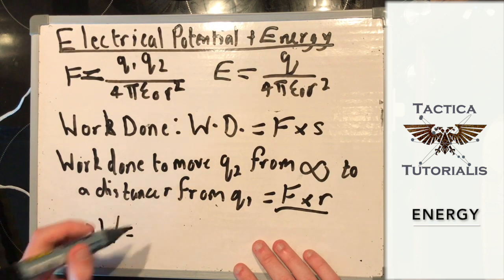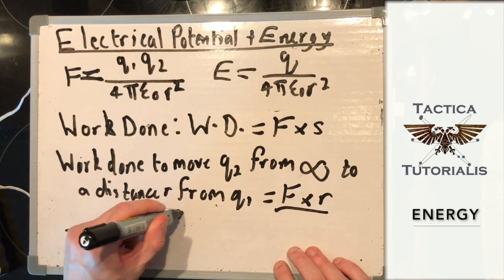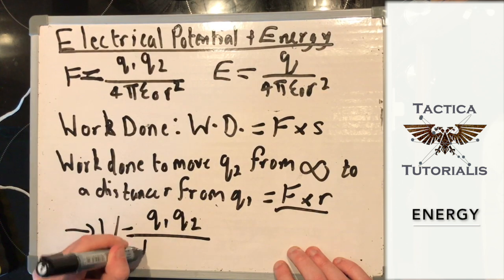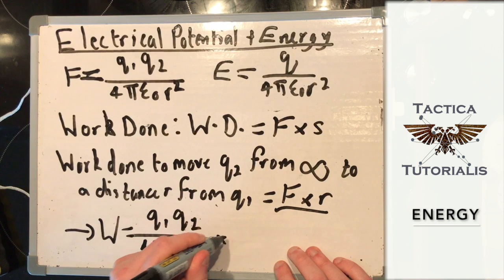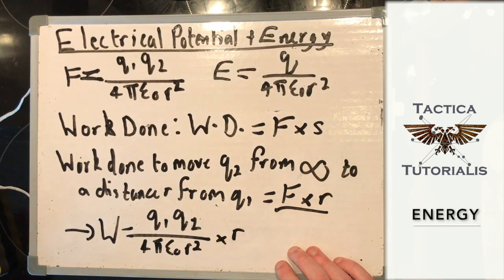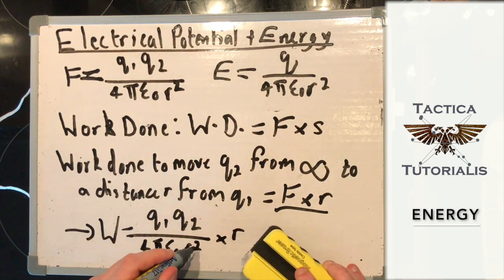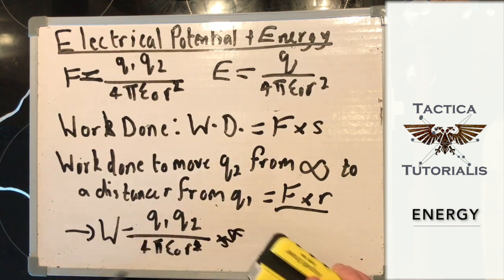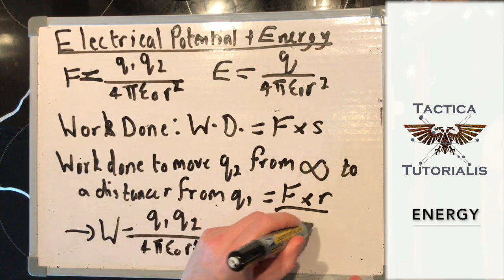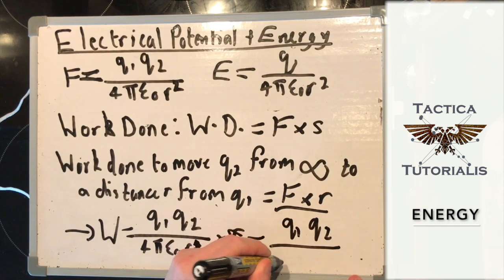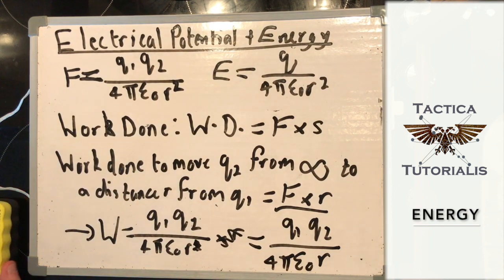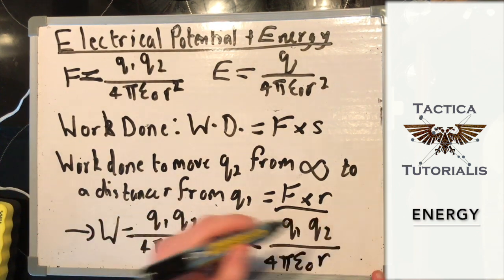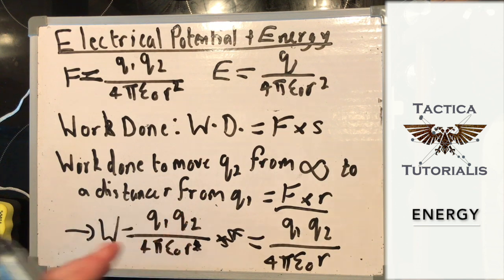Say that the work is equal to Q1, Q2 over 4 pi epsilon naught r squared times r. And quite simply, I can just cancel out the squared, I can cancel out the r, equals Q1, Q2 over 4 pi epsilon naught r. And we don't call that necessarily the work done, because work done is kind of a nebulous form of energy.